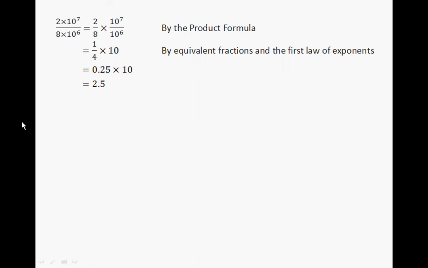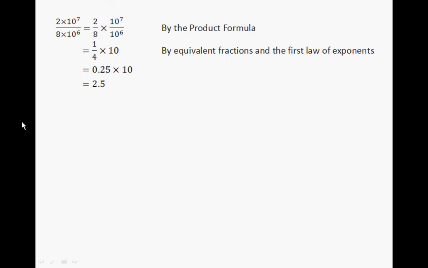Using our product formula, we can split that up into 2 over 8 times 10 to the 7th over 10 to the 6th. And using our equivalent fractions and the first law of exponents, 2/8 is the same as 1/4. And 10 to the 7th over 10 to the 6th, when we subtract 7 minus 6, leaves us with 1, so that would be 10 to the 1st power.